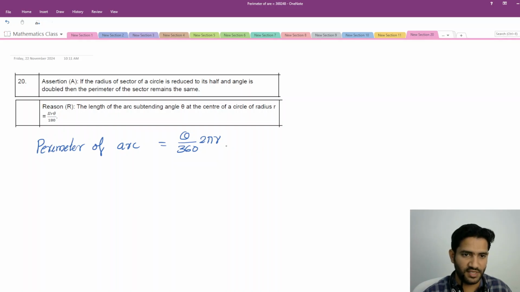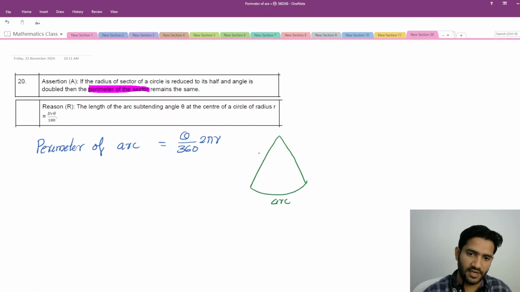But here the question is the perimeter of the sector. Read the question very carefully. The perimeter of the sector means a sector is of this shape. We have an arc and two radii.